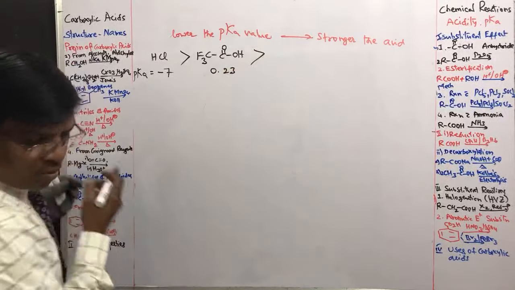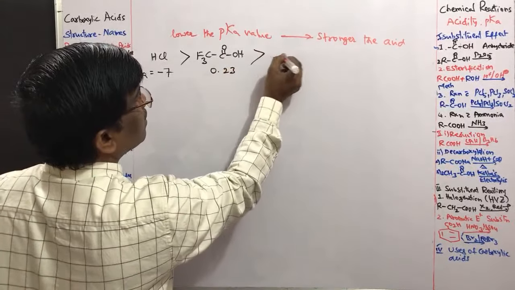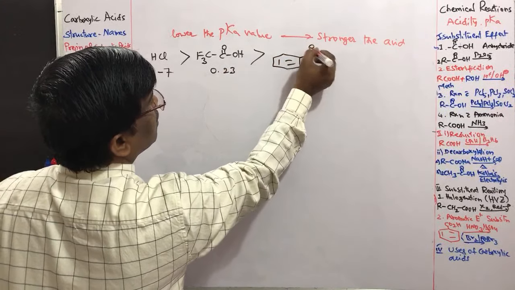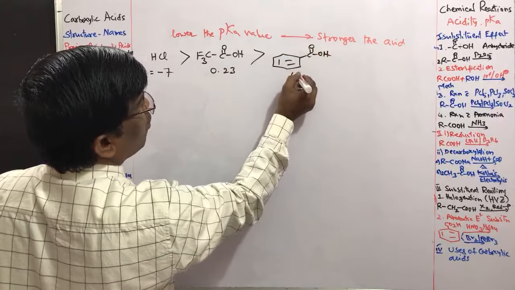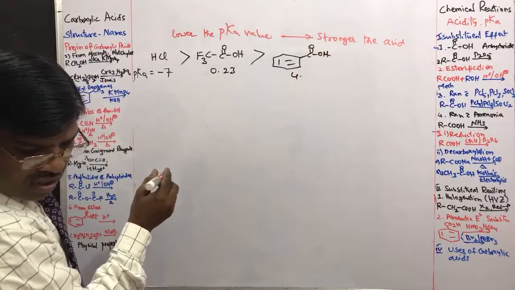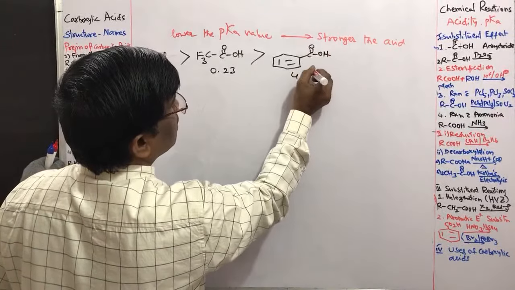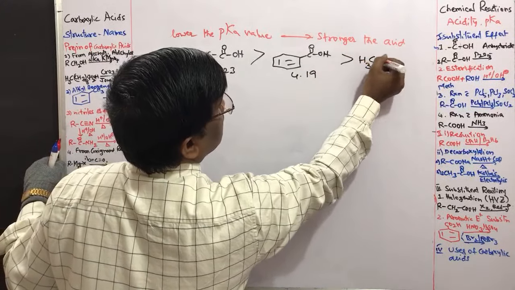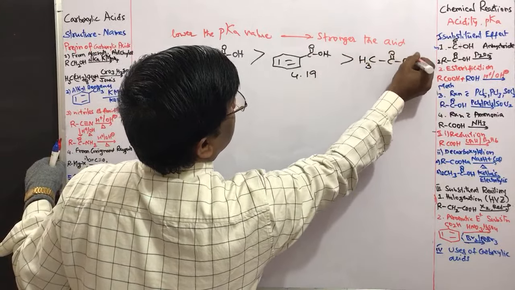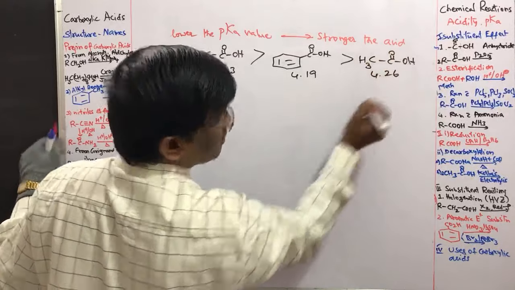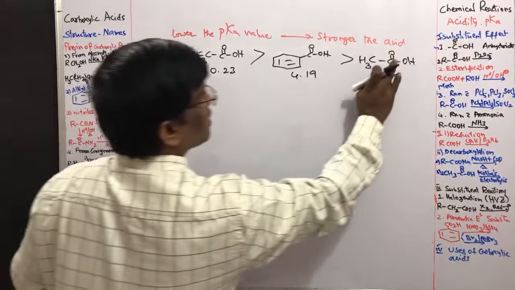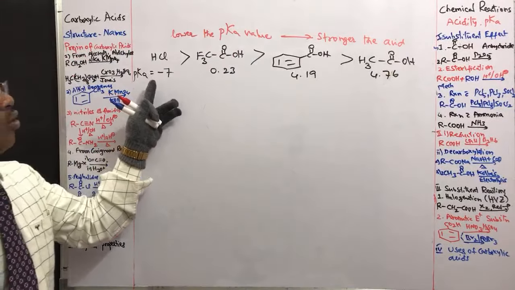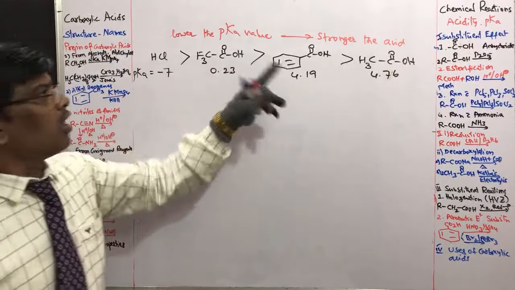Benzoic acid is 4.19, and acetic acid has a pKa value of 4.76. That means the lower the pKa value, the stronger the acid.